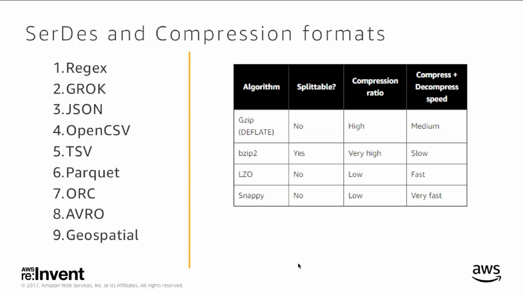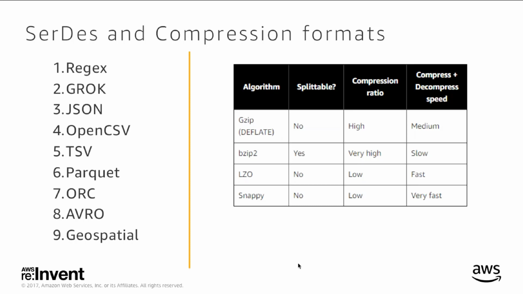You can define regular expression patterns for different parts of the text and group them together in these Grok expressions, making them very easily reusable across a number of different applications. Then there's JSON, OpenCSV, TSV for tab separated, and columnar formats like Parquet and ORC. Avro and Geospatial are also supported.